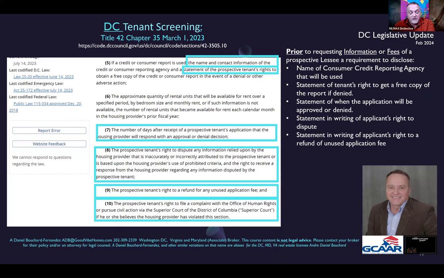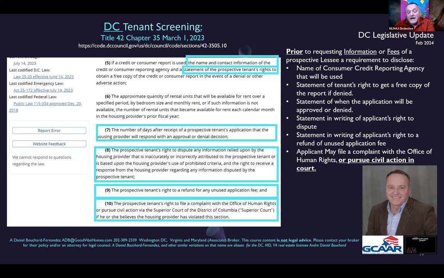But right now, the next topic is that the applicant may file a complaint with the Office of Human Rights or pursue civil action in court. So those are some opportunities that we must disclose to the tenants, to inform them that they have the right to file a complaint if they feel that they've been unjustly denied.